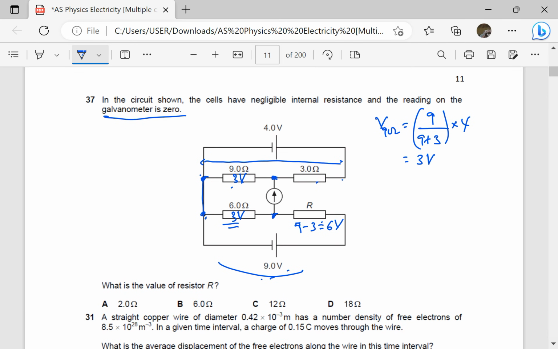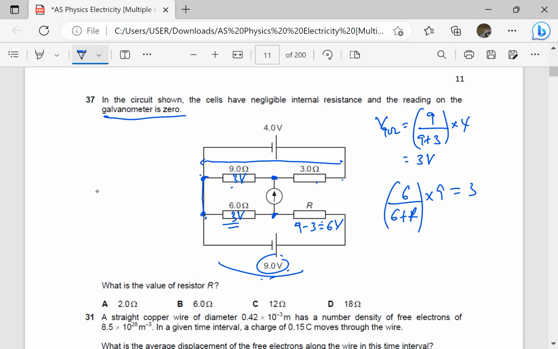Alternatively, you can also find it by saying, okay, using 9 volts, 6 divided by the total resistance, which is 6 plus the resistance R, times 9 volts should give us 3. I've just used the potential divider formula.